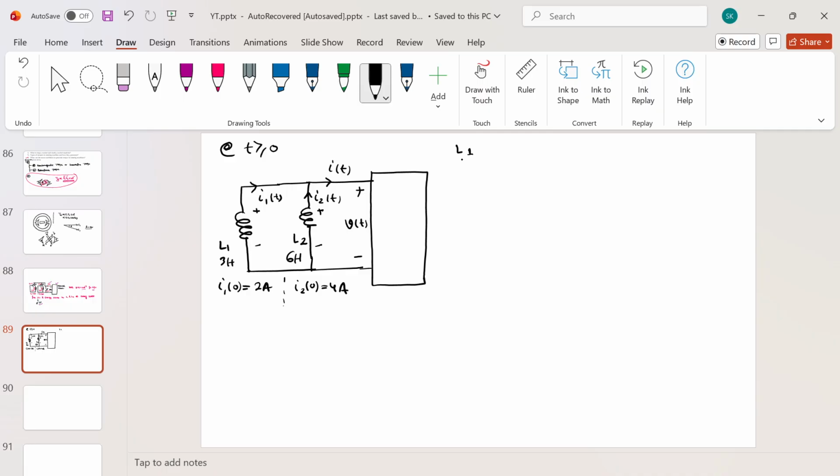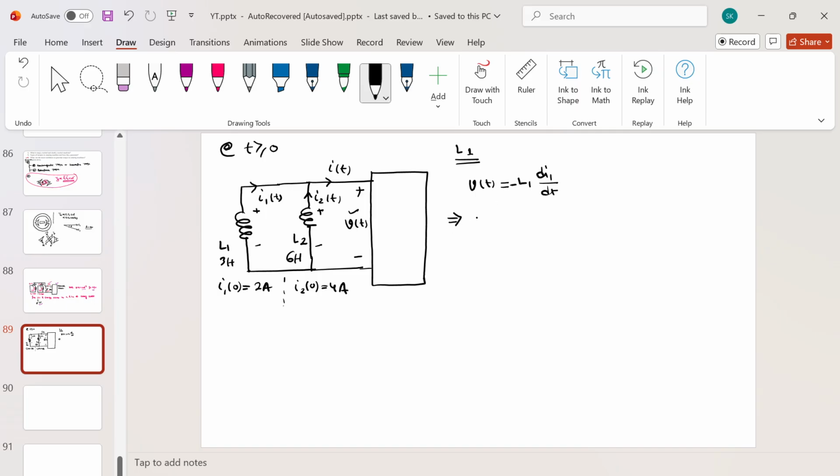So let's say for inductor L1, v of t is the inductor voltage, and these three are parallel, so the same voltage will appear. L1 di1 by dt. This particular equation is only valid if current enters the positive terminal of the inductor voltage. But here you see the positive terminal is here, and current I1 of t is leaving the positive terminal. So to compensate that, you have to give a negative sign here.